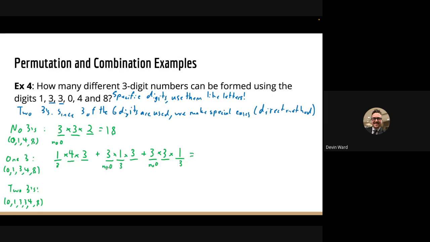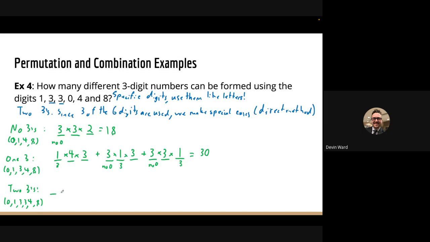Okay, so that 0 is the reason why we have to kind of look at each specific case too. Okay, 4 times 3 is 12. 3 times 3 times 1 would be 9. 3 times 3 times 1 would be 9 again. So that would give us 12 plus 9 plus 9, which is 30.